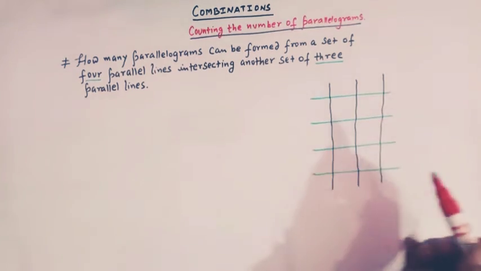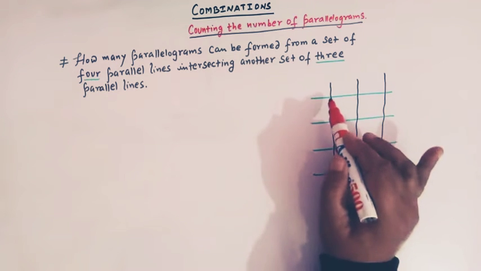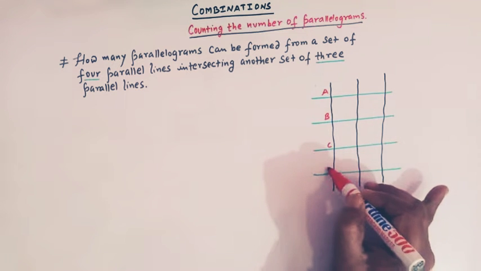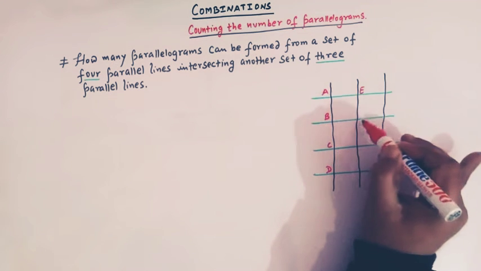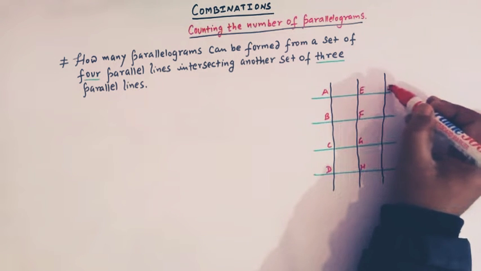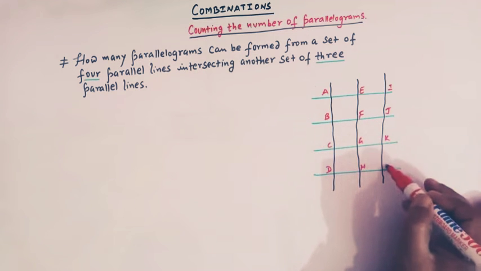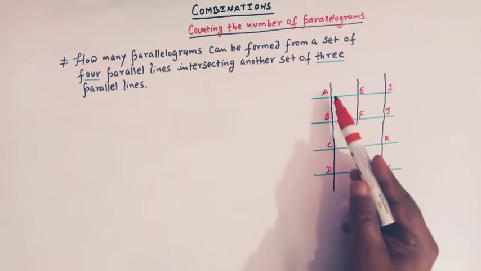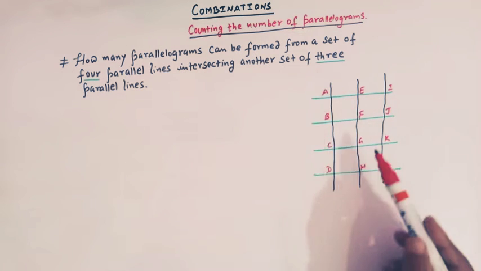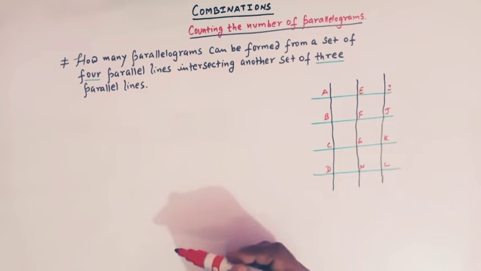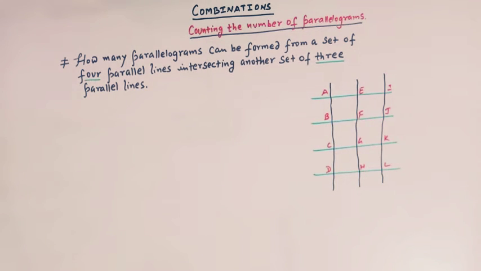Let us mark the points of intersection as A, B, C, D, then E, F, G, H, then I, J, K, and L. Here we have to find the total number of parallelograms formed.